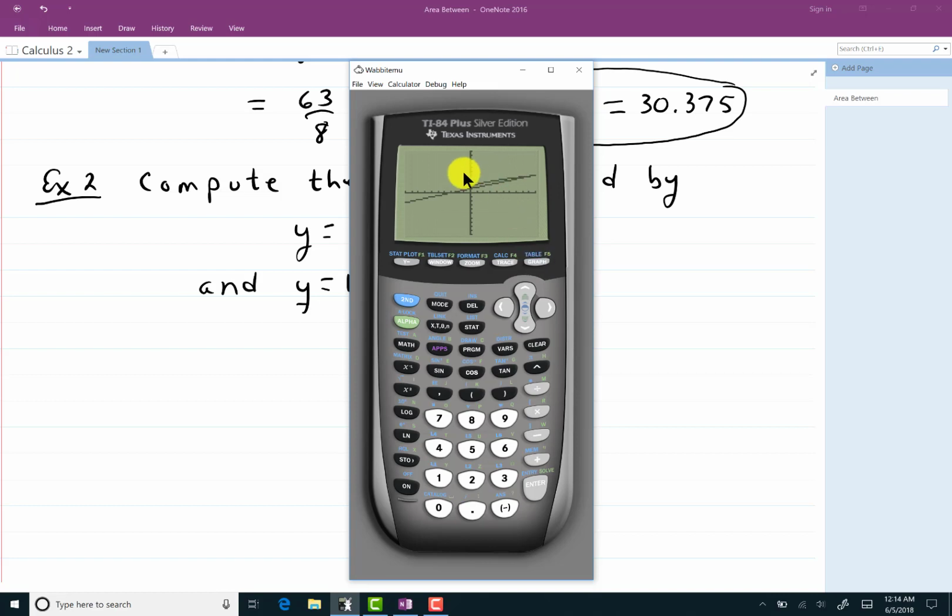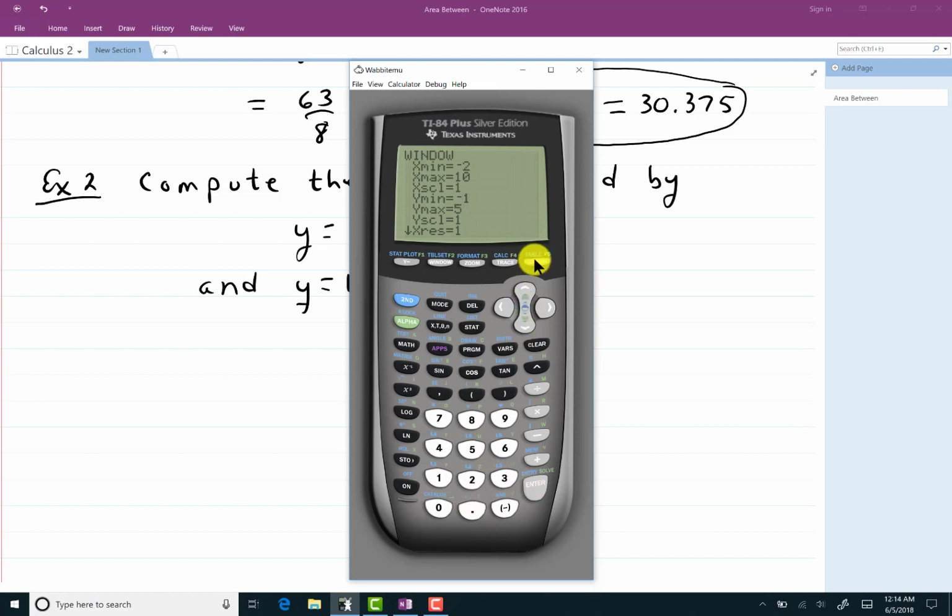Well, you can see it's a small sliver of area here. I think what I'm going to do is change my window a little bit, and maybe I can see that if I go from -2 to 10, I still need to go to 10, but for the y values I may say -1 to 5 and see what happens.